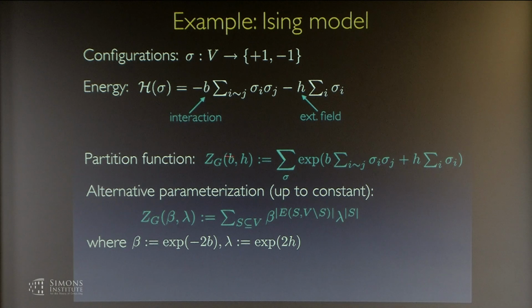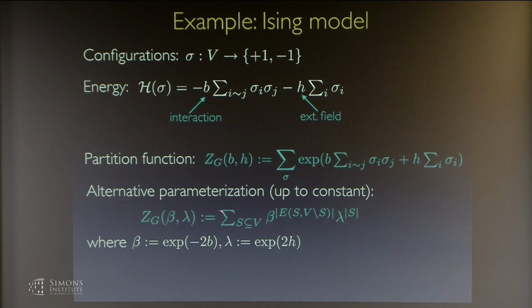So the partition function, just writing down what I had on the previous slide, you get this form. To make this look nicer, we're just going to perform a transformation in which beta is e to the minus 2b, lambda is e to the 2h. Pull out a factor that is, I guess I should have included this factor.